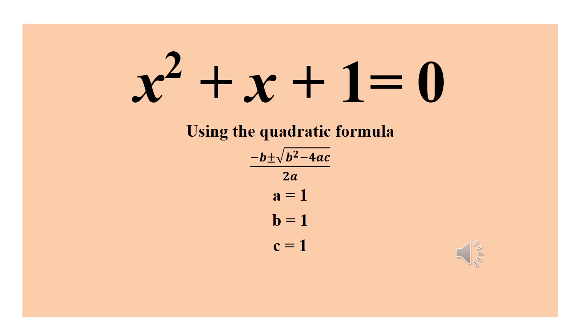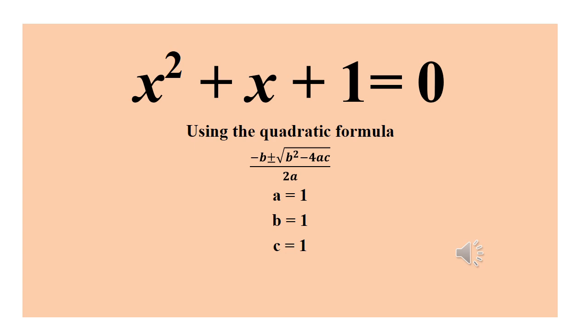So we use the quadratic formula, which says minus b plus or minus square root of b squared minus 4ac all over 2a. Now we need to find the value of the variables a, b, and c, so that we can plug them into the quadratic formula.